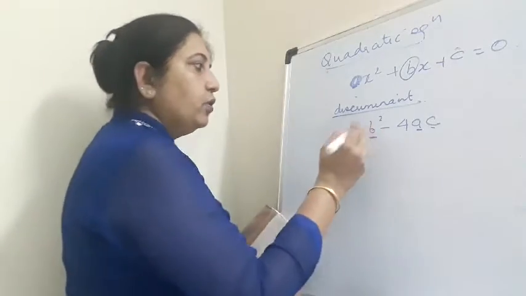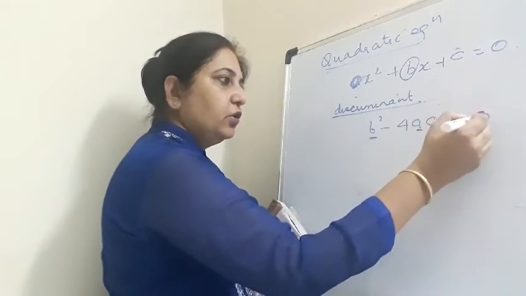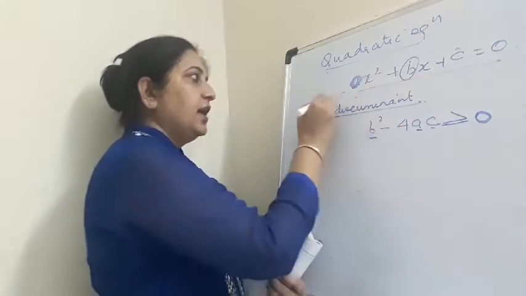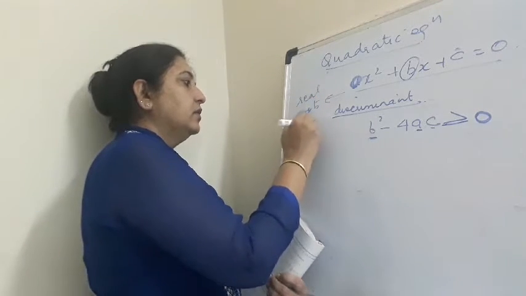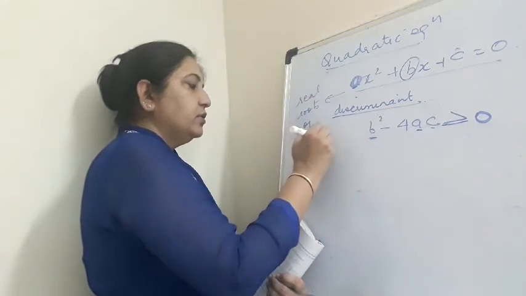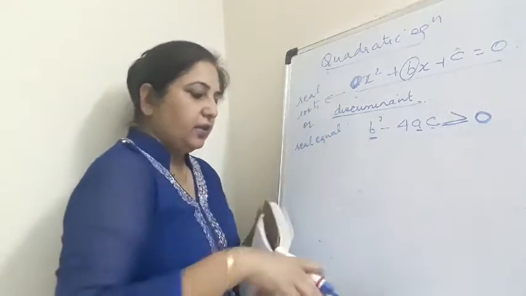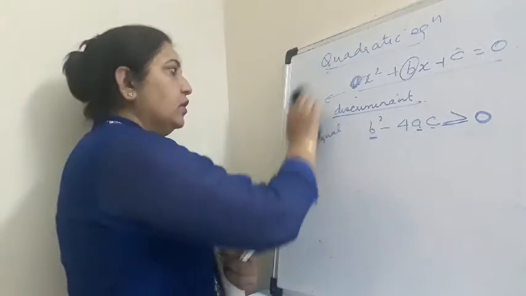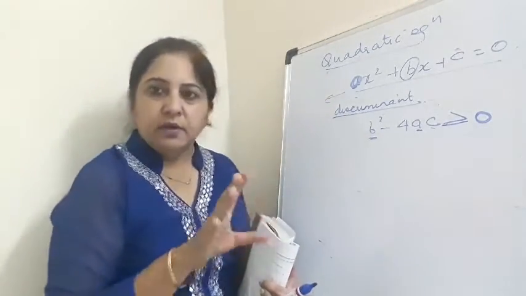Now, if you get the value of the discriminant as greater than or equal to 0, then the given equation has real roots or real equal roots. That depends on the equation given, so I will check that also. First, the equation will be given to us.